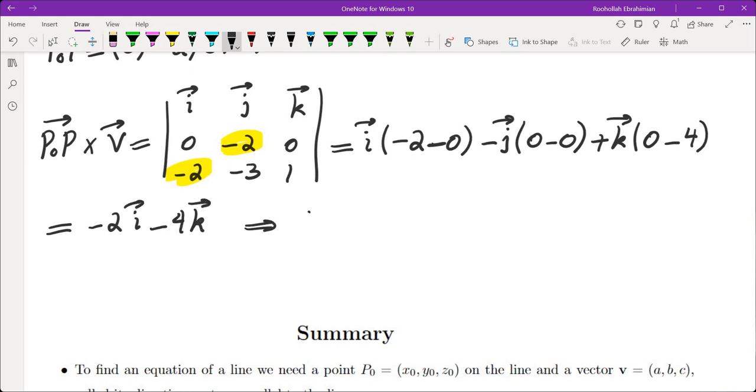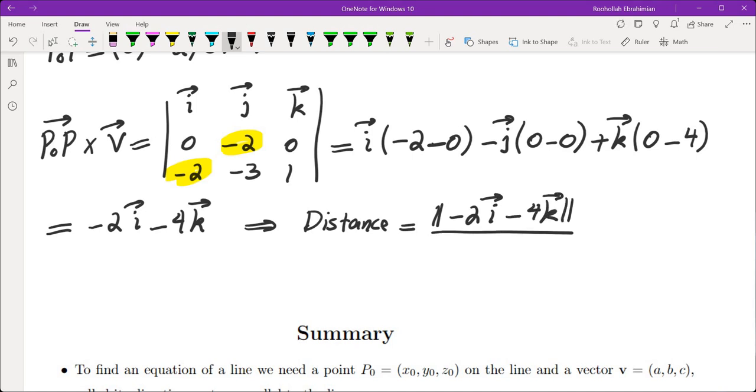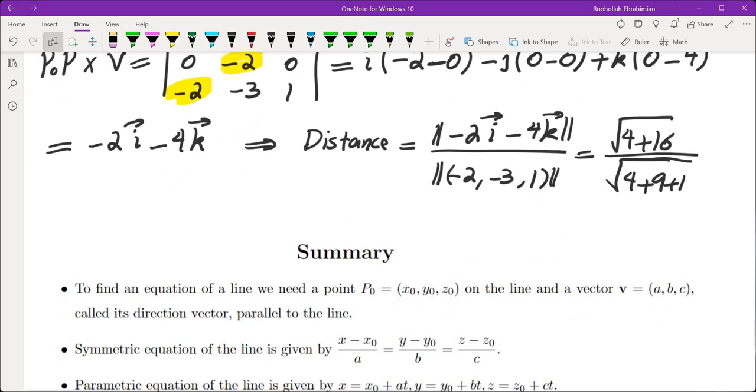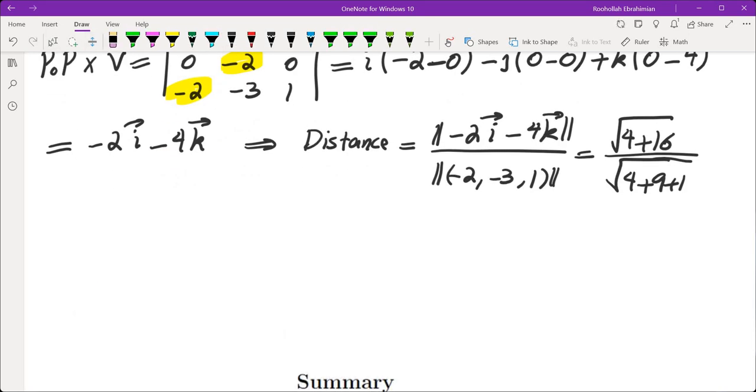Then we take the magnitude of that. So the distance is going to be the magnitude of -2i minus 4k, divided by the magnitude of -2, -3, 1. Let's evaluate this. This is root 4 plus 16 over root 4 plus 9 plus 1. So what does that give us? That gives us the square root of 20 over the square root of 14.